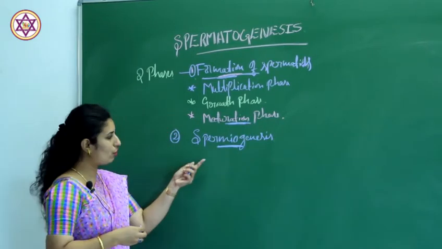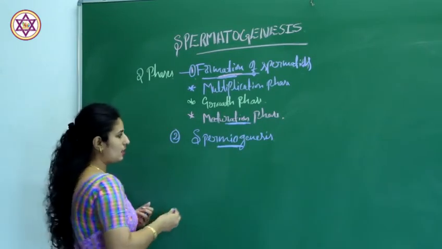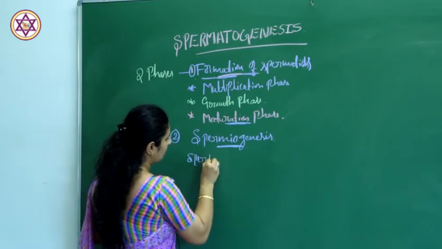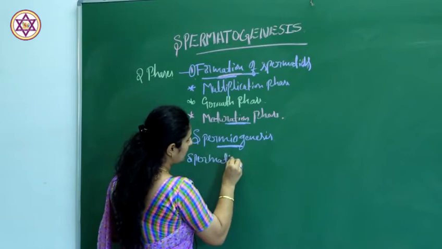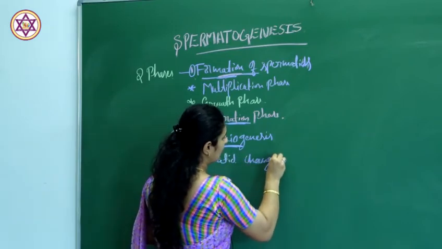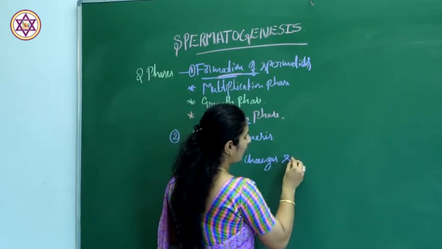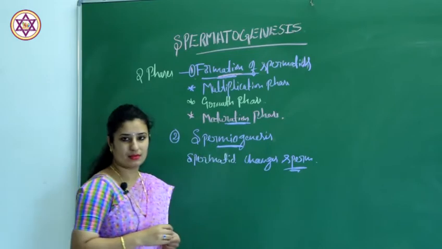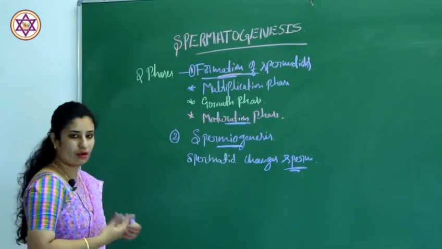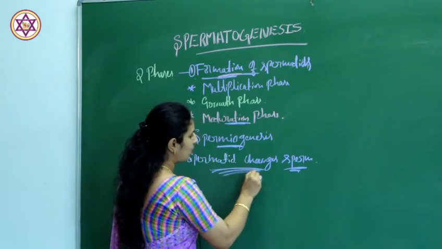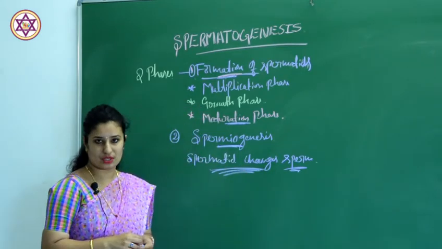Coming to spermiogenesis, in this case the spermatids are transformed into a motile sperm, and this transformation is called spermiogenesis.